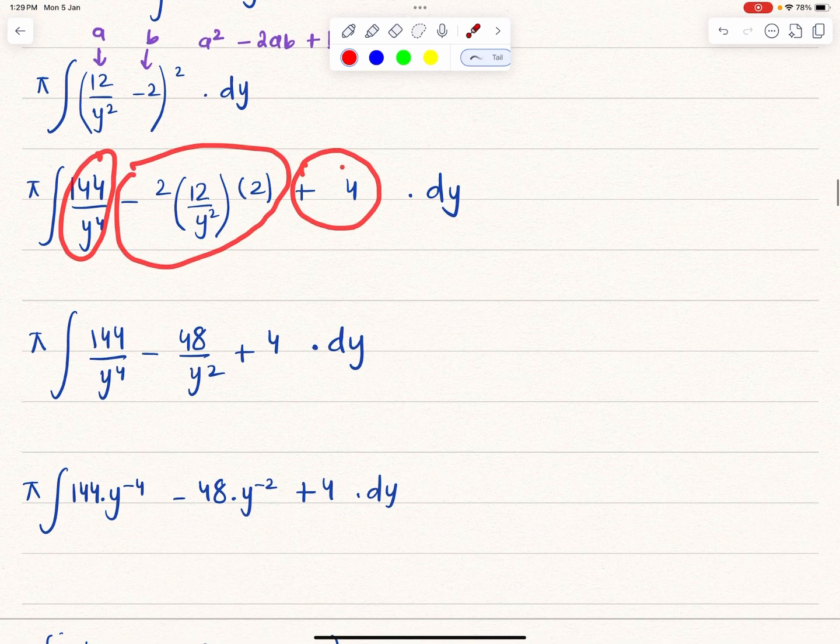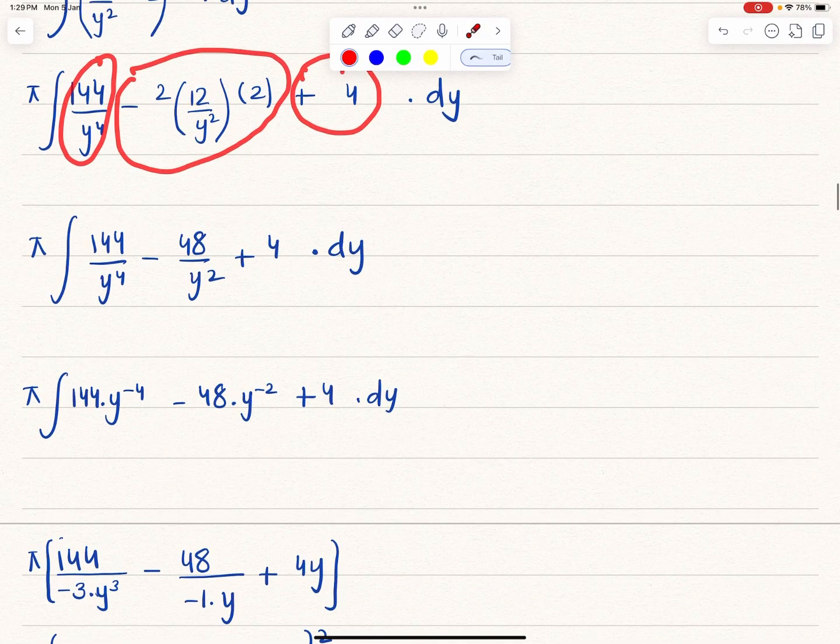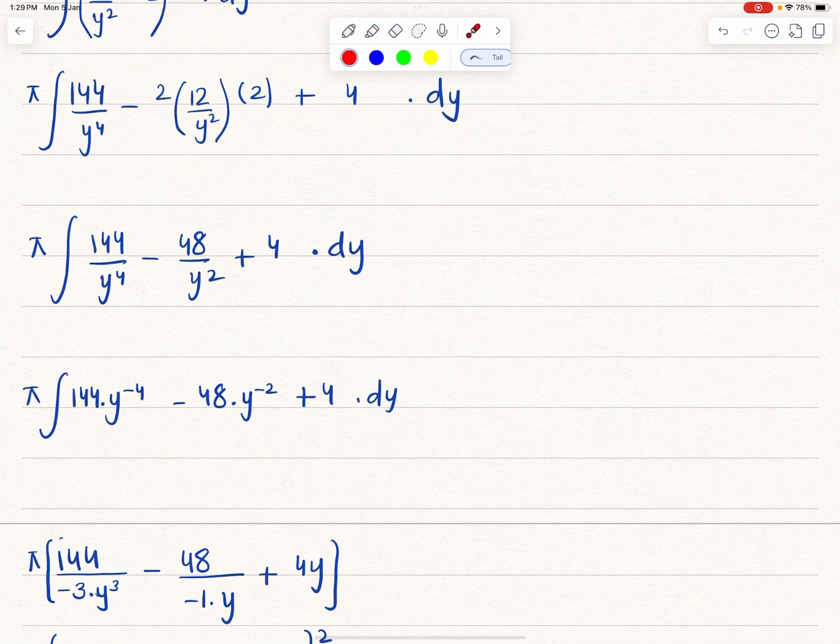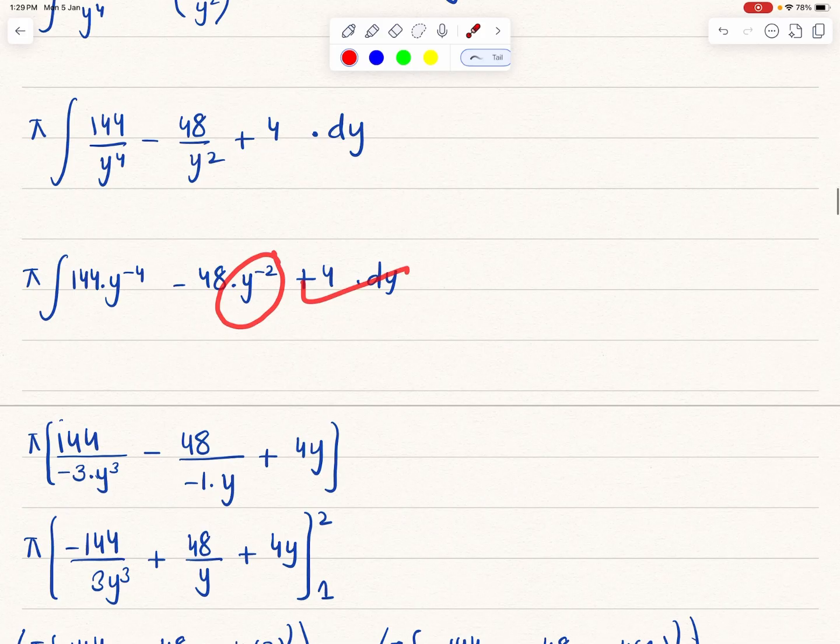Basically, I then just integrated all of these things. I moved this expression in the numerator, so that becomes 144 multiplied by y raised to power negative 4, 48 multiplied by y raised to power negative 2, and 4 just remains as it is. And do not forget to put this pi outside, otherwise a mark will be deducted.